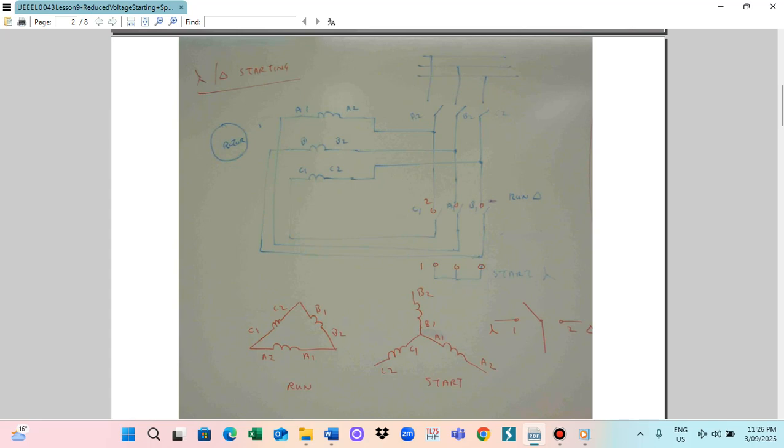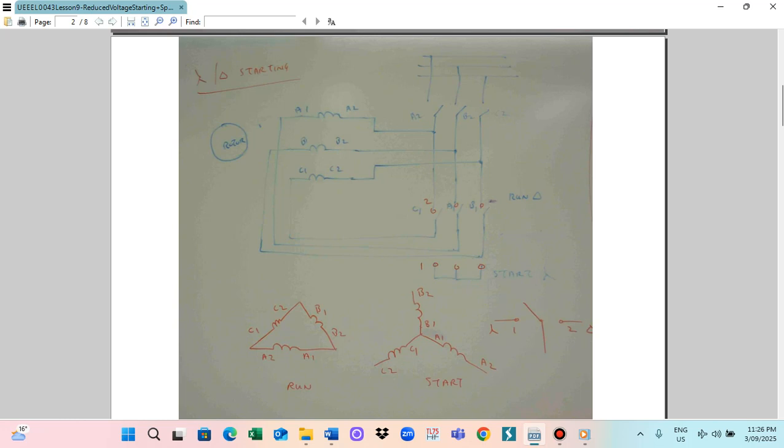A2, B2, C2 are the terminals. The main supplies are connected, and we can utilize the starter circuit to control the starter. At the starting time, the stator is star connected. So the applied voltage is reduced to 1/√3, line current is reduced to 1/3, and starting torque is reduced to 1/3.